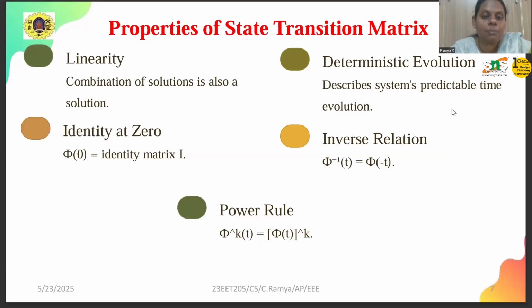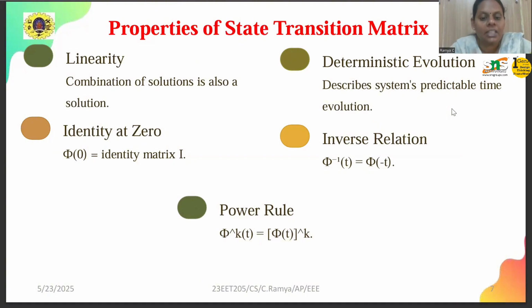Continuing with the properties of the state transition matrix, we have a few more fascinating properties, which is linearity, that is the matrix respects the superposition principle: if x1 and x2 are solutions, so is a x1 plus b x2. Next is the deterministic evolution. Once the system is defined, its evolution is predictable and governed entirely by phi of t.